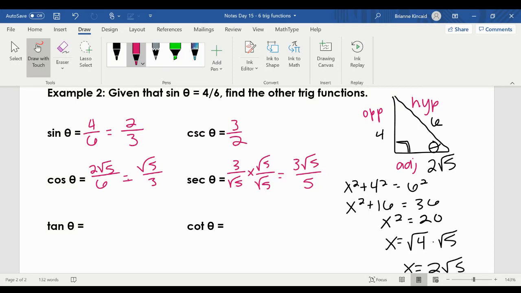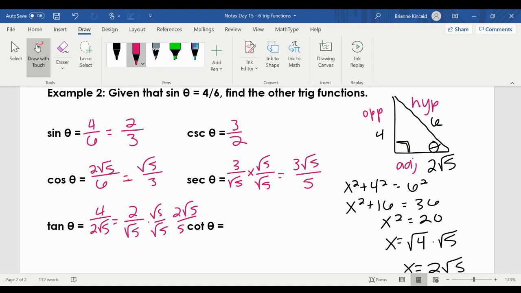And then lastly, tangent and cotangent. Tangent, the opposite over the adjacent, so that's 4 over 2 radical 5. Before I rationalize, I'm going to simplify that. So 4 divided by 2 is 2 over radical 5. I rationalize to get 2 radical 5 over 5.